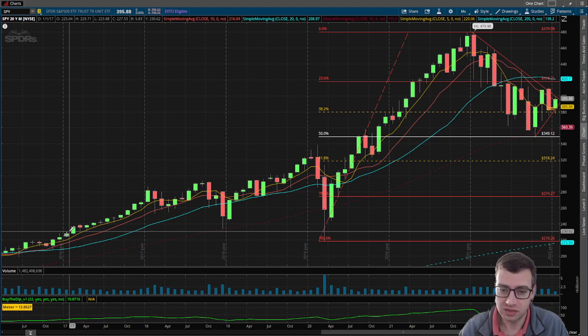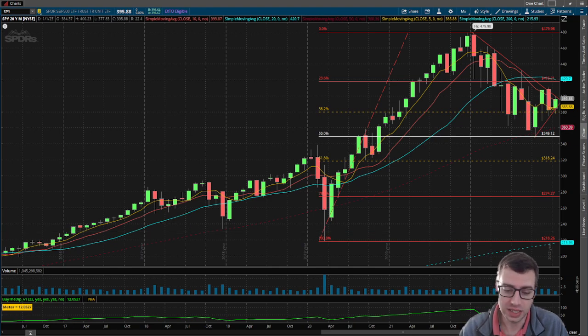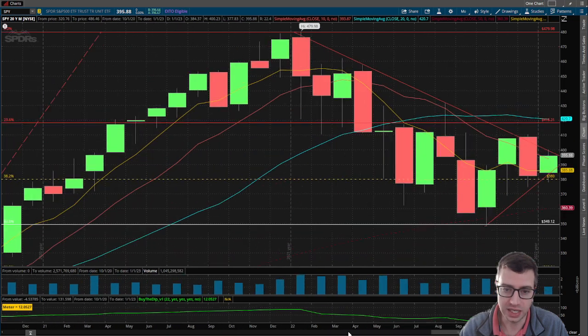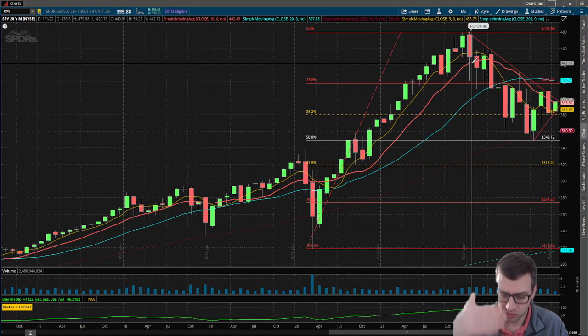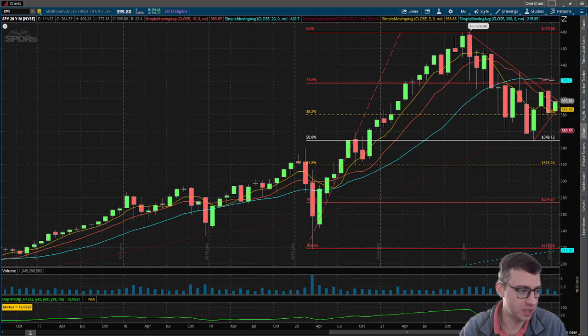I am going to go a little bit on a tangent. The other thing that is kind of dangerous here in this pullback: we're seeing the Federal Reserve raise rates, and that is good. That should be happening.